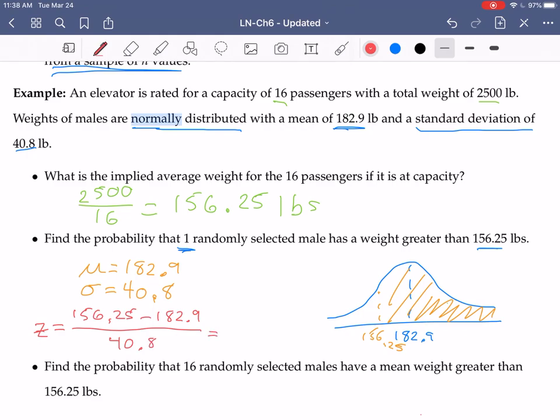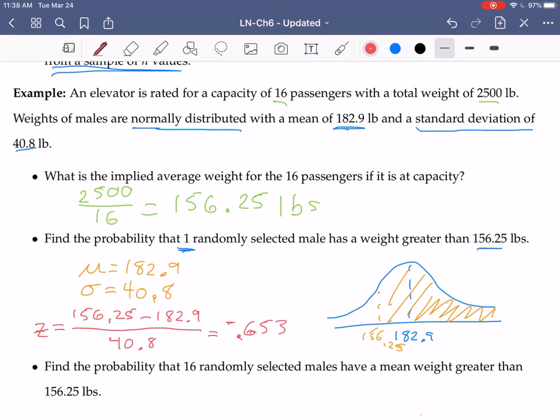That converts it to a z-score. So our z-score is 156.25 minus 182.9 divided by 40.8, and when we evaluate that, we get negative 0.653.